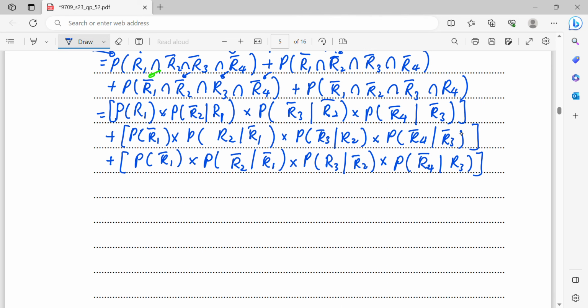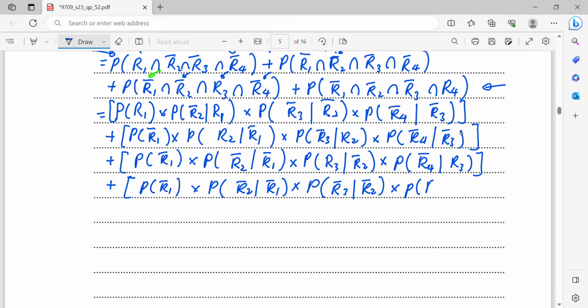Okay, and plus first 3 days not rain. So P not rain and P not rain on second day, given previous day not rain, times P not rain on third day given previous day not rain, times the last one, rain on the fourth day but not rain on previous day.